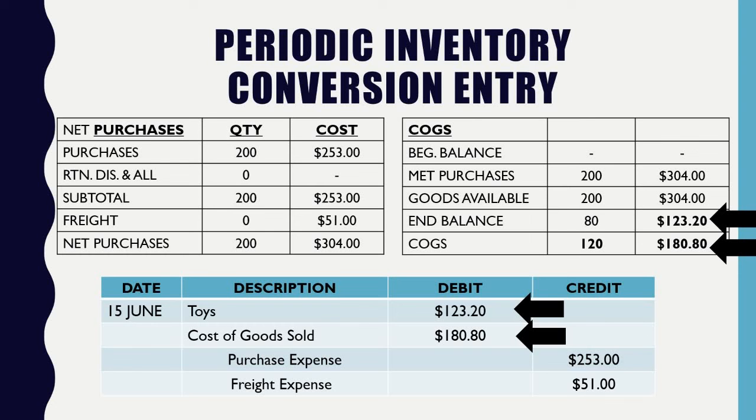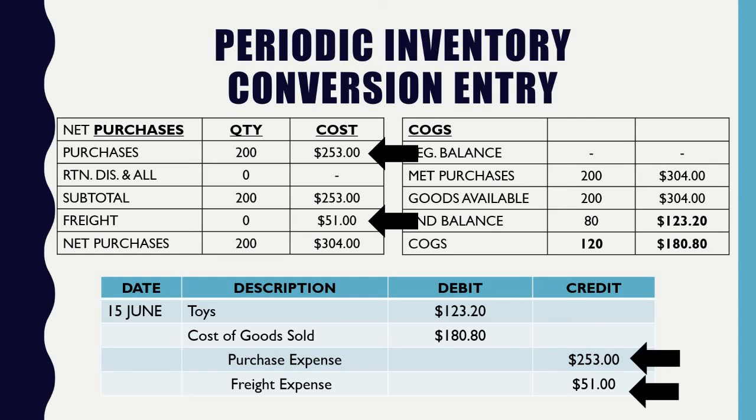They're gone. And what I have to do here is also recognize what my purchase actually began with. We said we had 200 units for a total of 253. Now that I have my purchase expense, I need to zero it out, or dump everything out of my inventory.